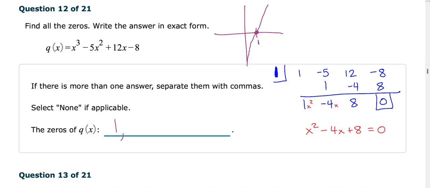If you need a quick review on that, x equals negative b plus or minus square root b squared minus 4ac, all over 2a.